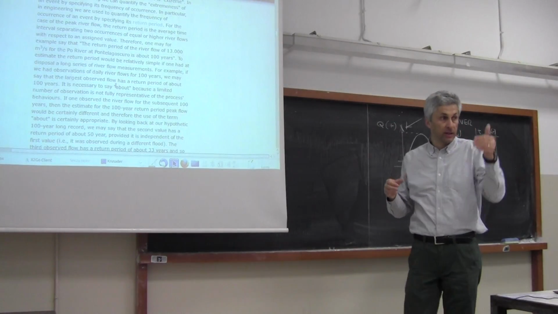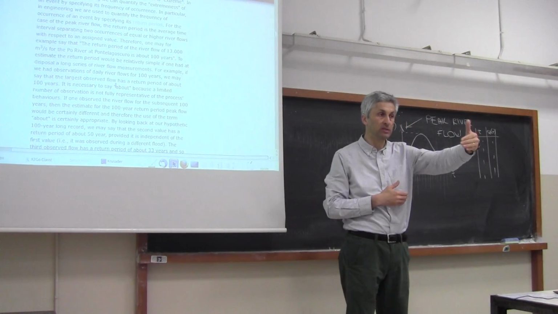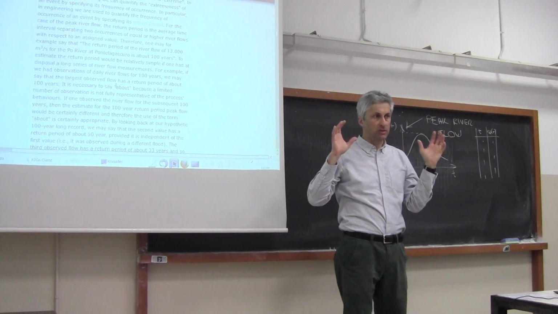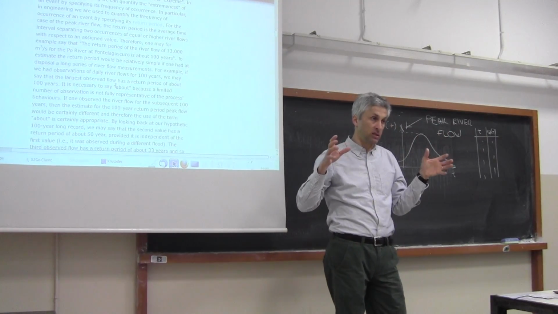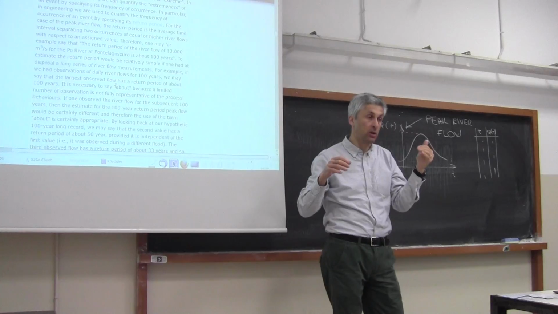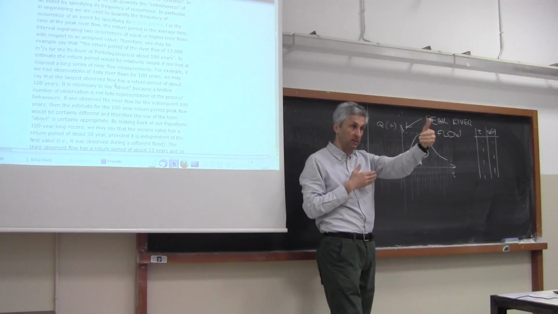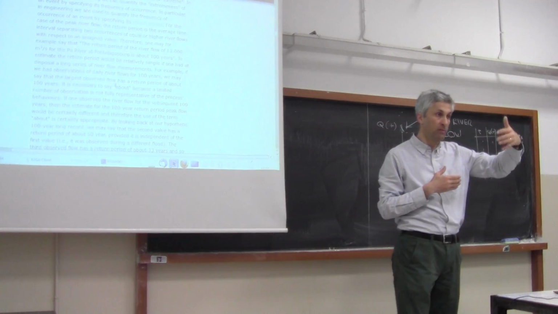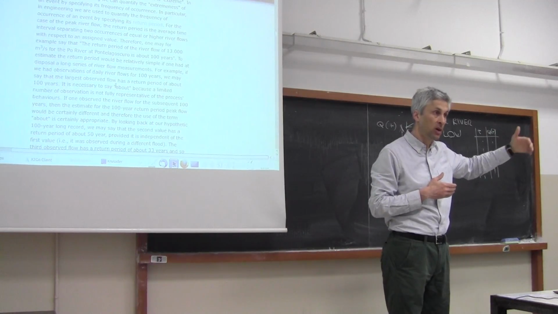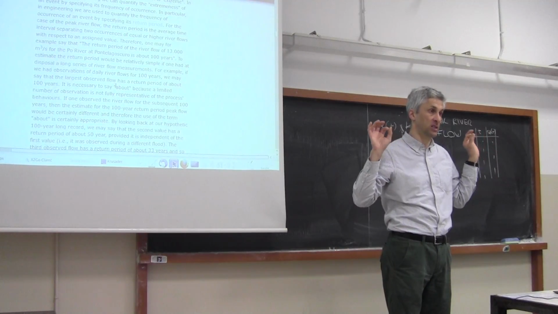For the Po River at the closure, at the last part of the river, we know that a river flow of about 13,000 cubic meters per second or higher occurs on average every 50 years.